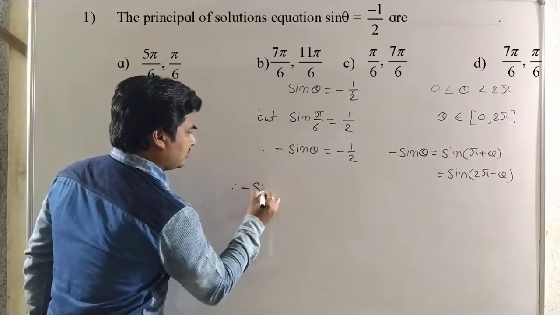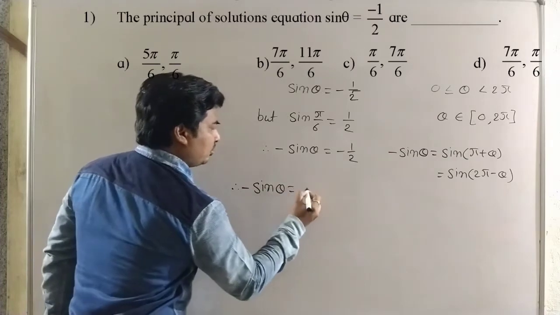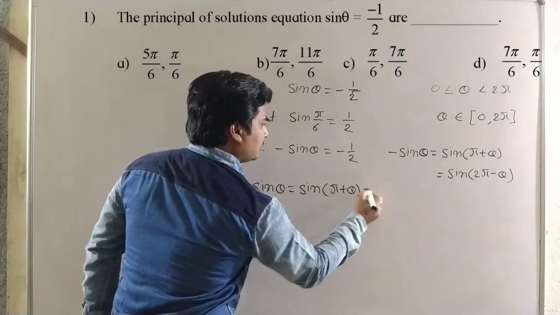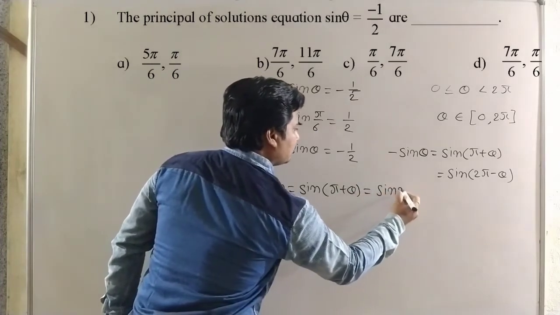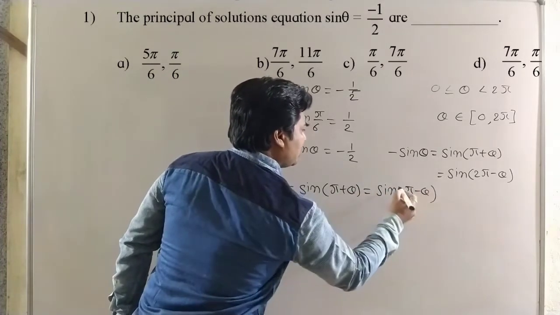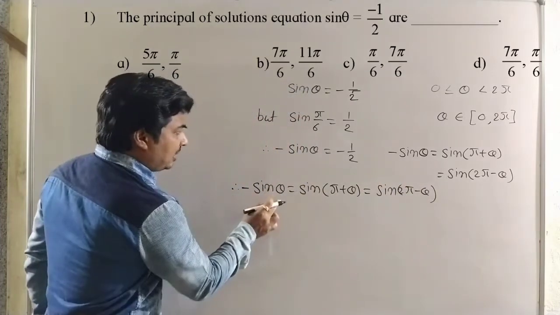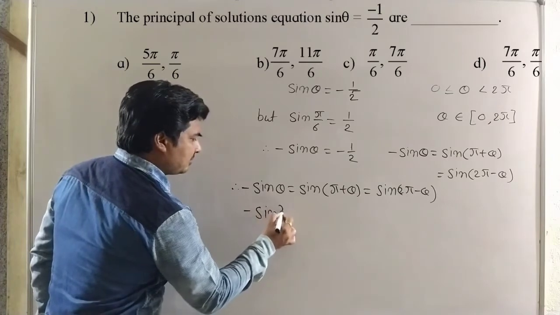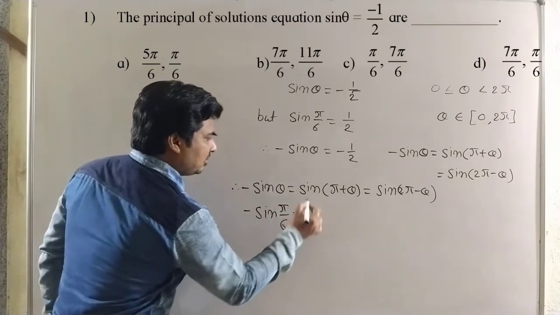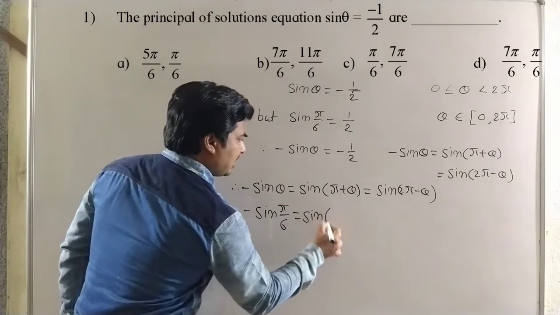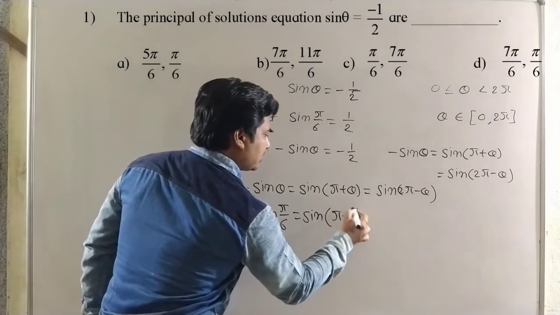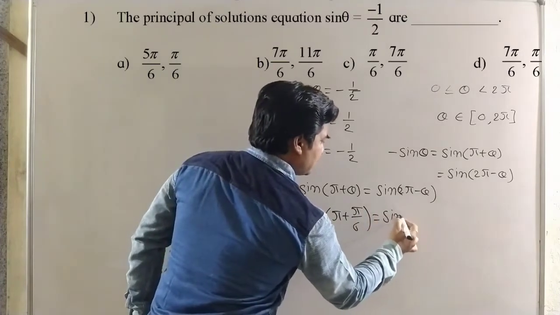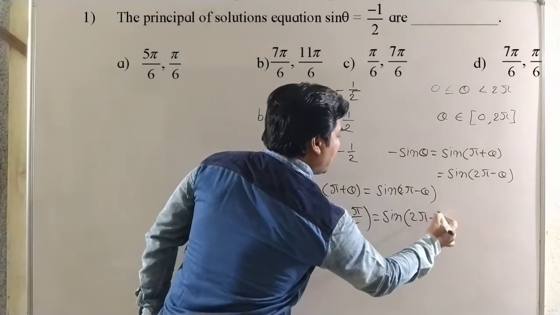Now we take theta as pi by 6, so minus sine pi by 6 is equal to sine of pi plus pi by 6, and sine of 2 pi minus pi by 6.